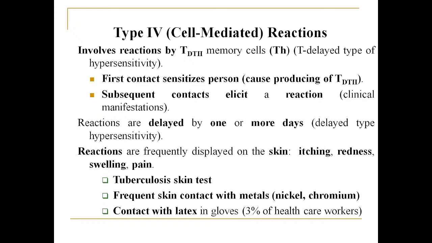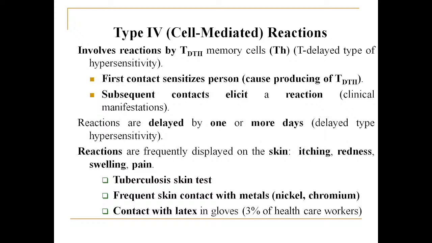We know about B memory cells. There are also T helpers memory cells. In the first contact with allergen cause sensitization of person. They cause production of T delayed type hypersensitivity cells. Subsequent contact elicits a reaction, and we can see clinical manifestations.